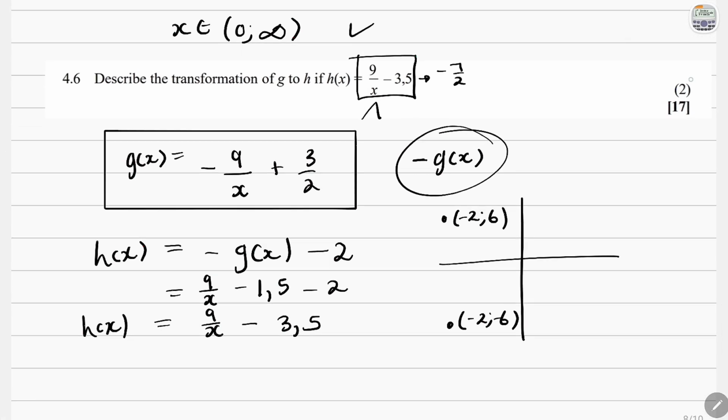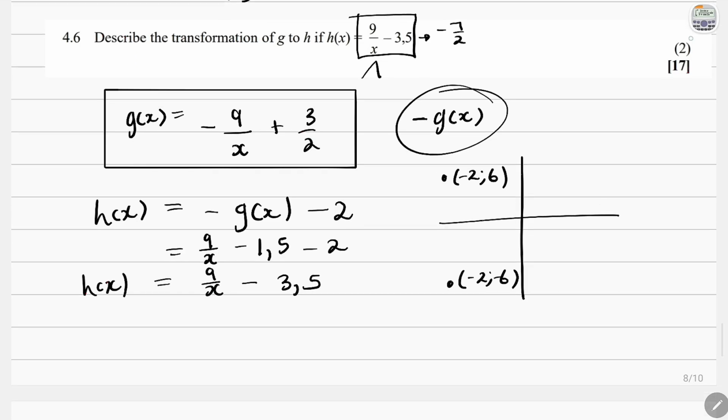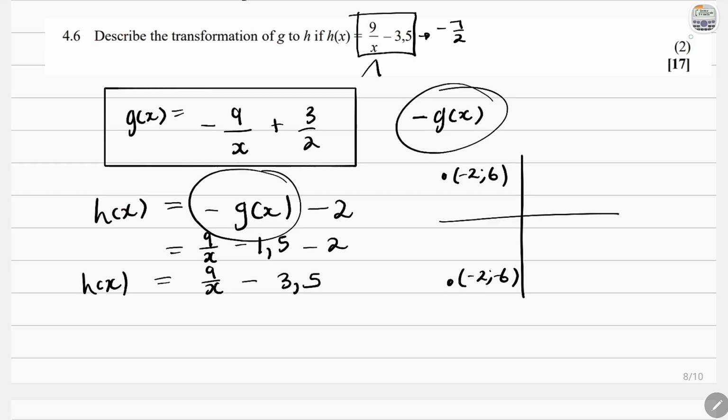Then what happened? Then we had to apply a minus 2 to it. But you're applying minus 2 to negative g of x. Negative g of x stands for the new values of y after you've reflected it, because g of x stood for the y values of g. So if you take the y values of a graph and then subtract 2 from them, what's going to happen to that graph? Again, we can look at the point.